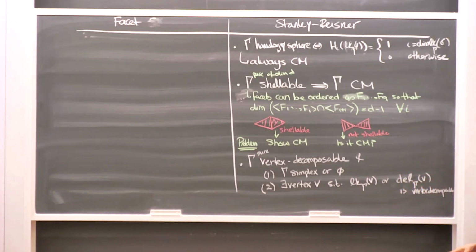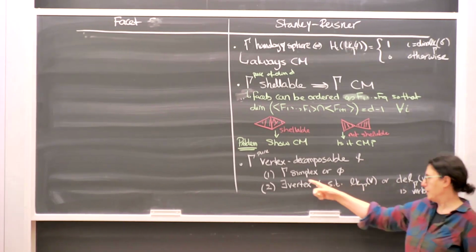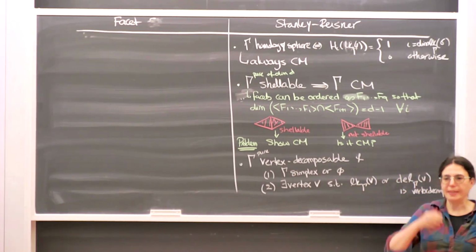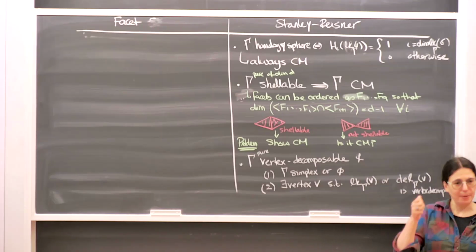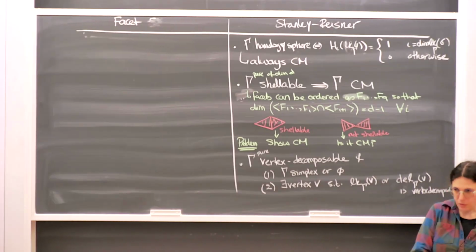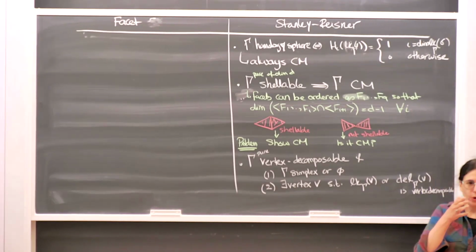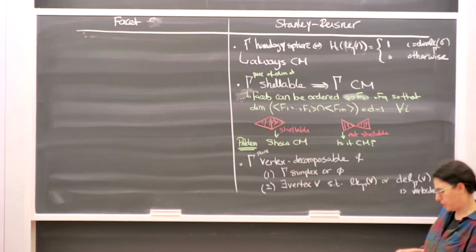Which basically means you either start from a simplex or the empty set, or you can link and delete so many times that you get to a simplex or to the empty complex.